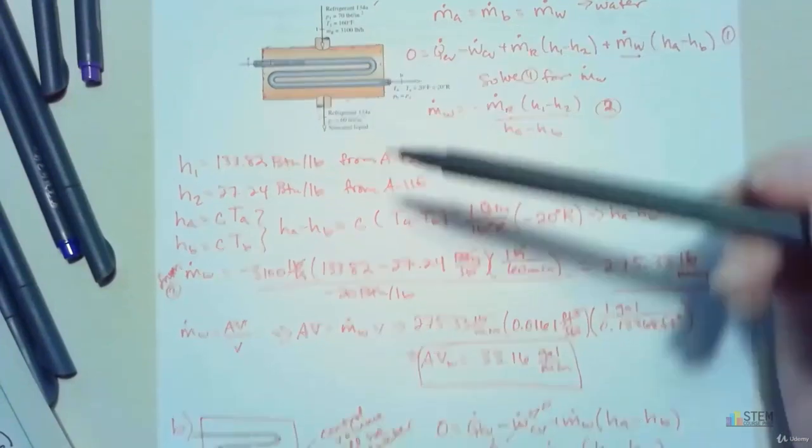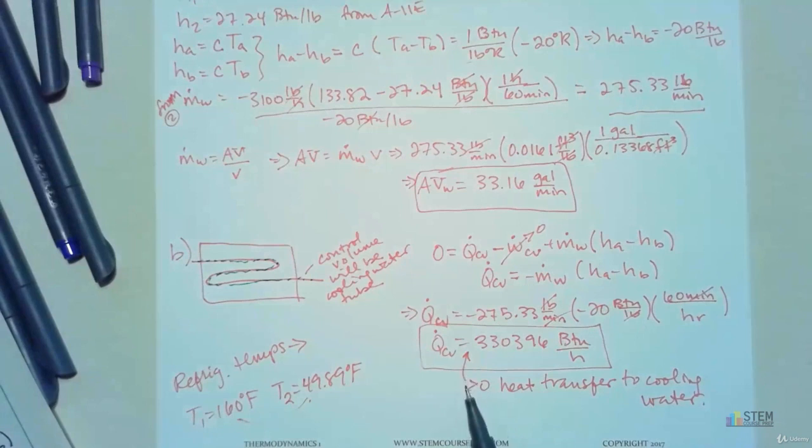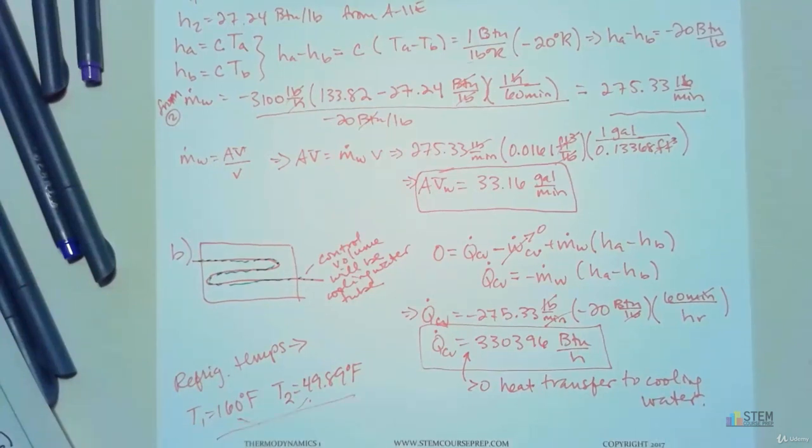We showed that by looking at this positive number here. Whenever we have a positive Q value, we have heat transfer to something else. So here, it was heat transfer to the cooling water. All of that was happening without any sort of need for a power supply or anything like that. All right, pretty awesome stuff. I'll see y'all in the next video.